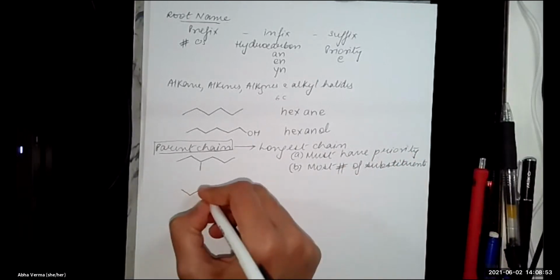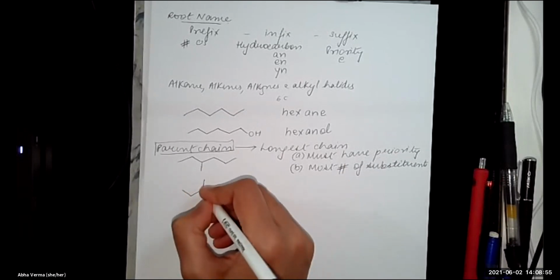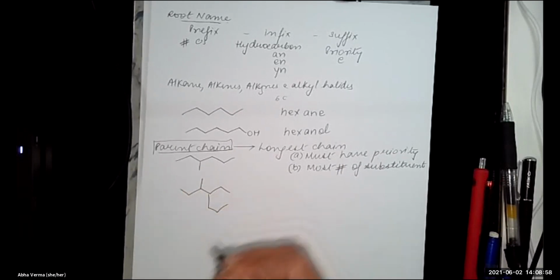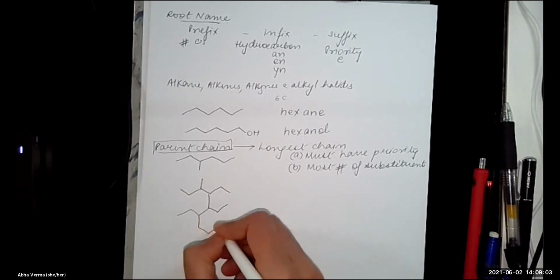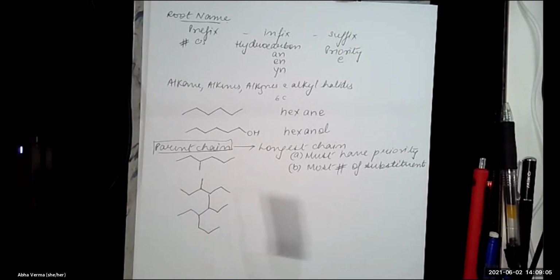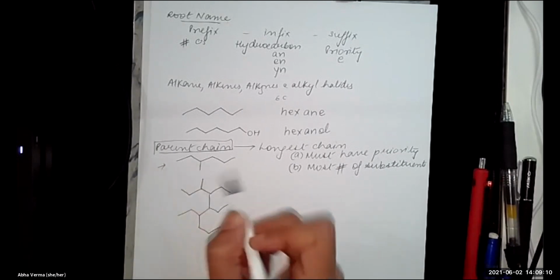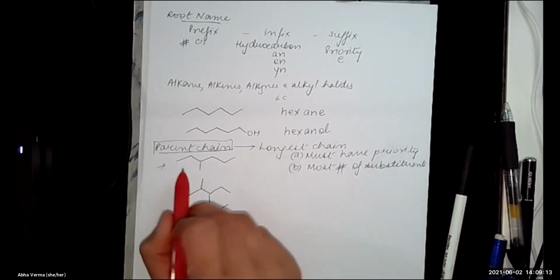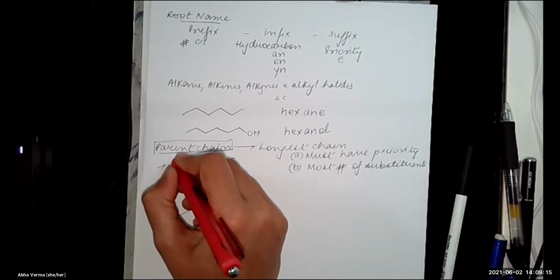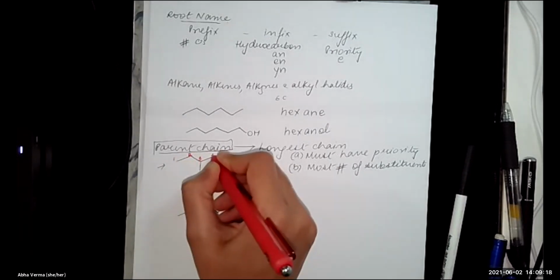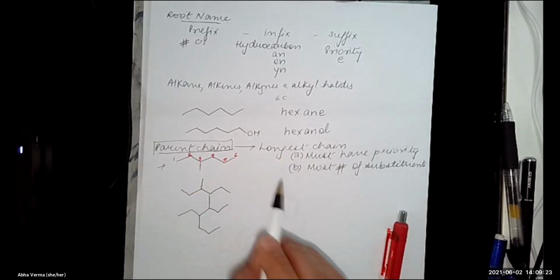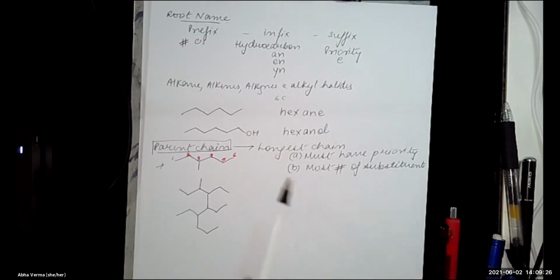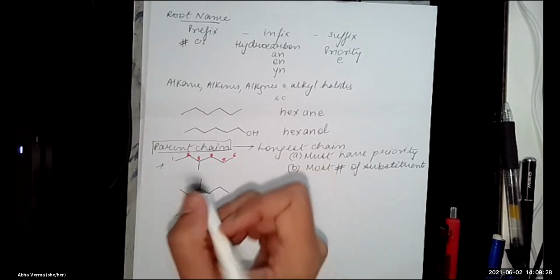Let's say I have a structure like this. In the first structure that I had built, it is very easy for us. The longest chain will be 1, 2, 3, 4, 5, 6. Don't worry about the numbering yet. We are just trying to figure out our longest chain for now.